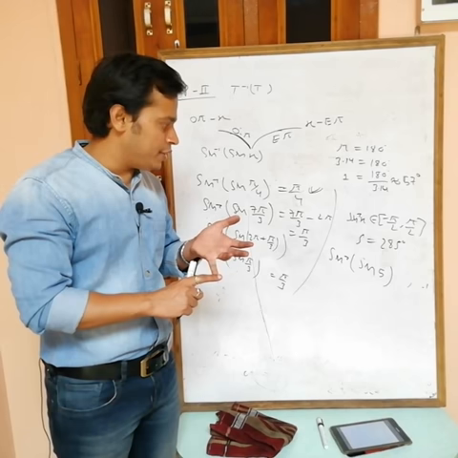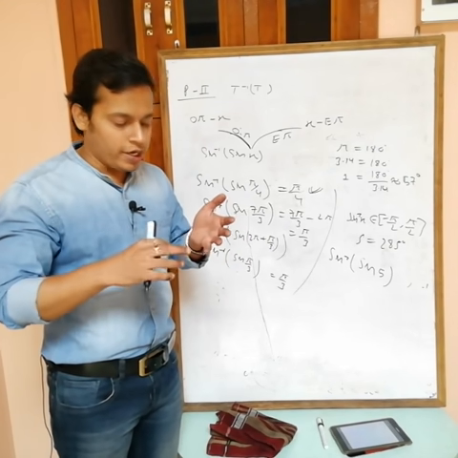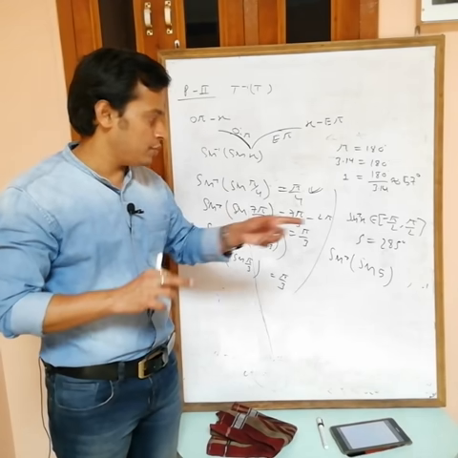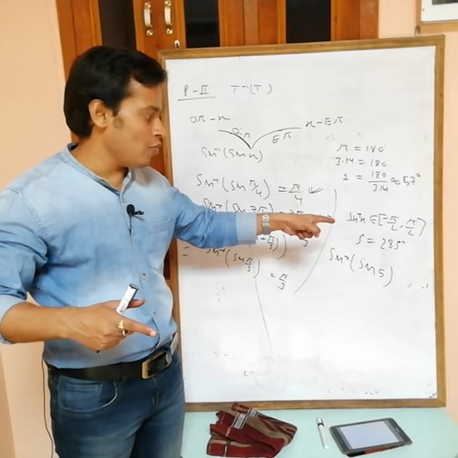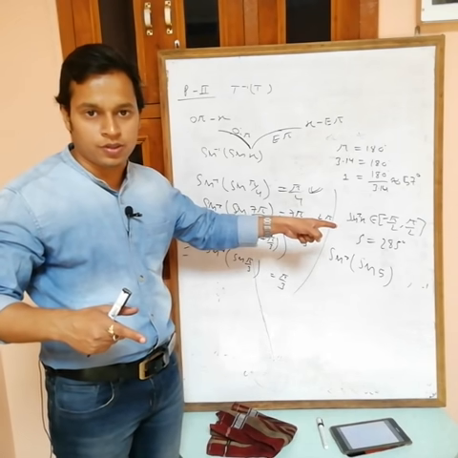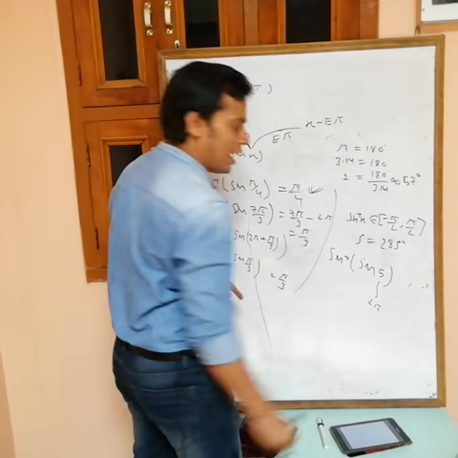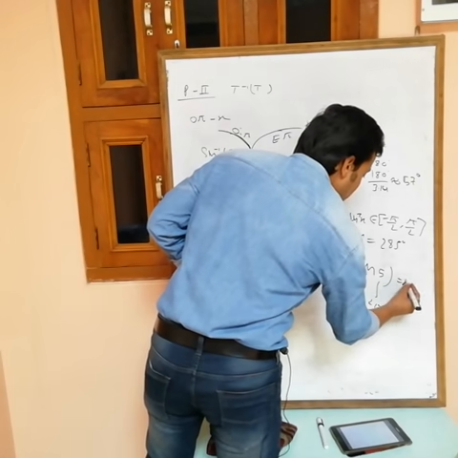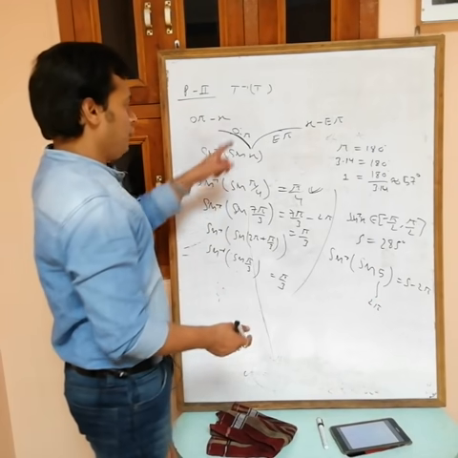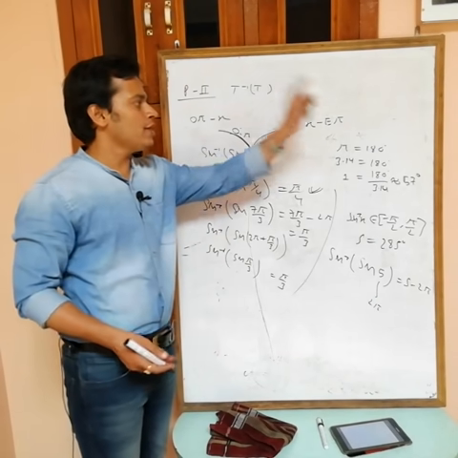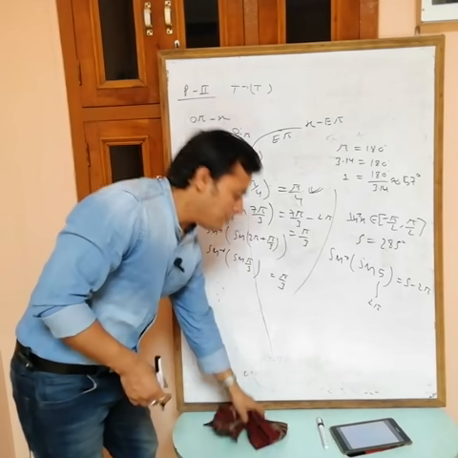Pi is 180 degrees, 180 plus 105 is more than 90 away. 2 pi is 360, and this is nearer to 2 pi, which is even, so the answer is x, 5 minus the even multiple of pi. If near to an even multiple of pi, then x minus the even multiple of pi. If near to an odd multiple of pi, then the odd multiple of pi minus x.